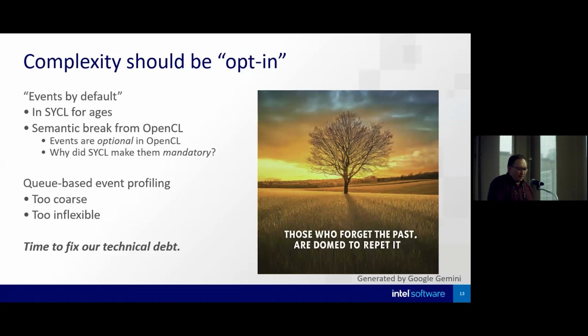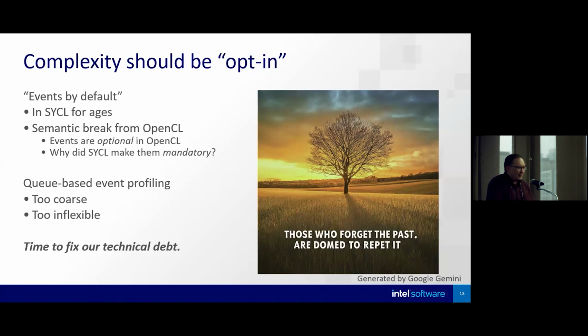So the gist of what we want to try to accomplish is that we think complexity really should be an opt-in thing. If we look back at the history of SYCL and the way it was designed, I think it made some mistakes. In particular, this notion of events by default seems like it was the wrong choice.